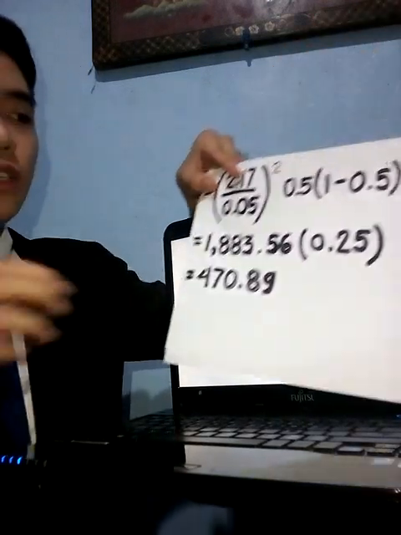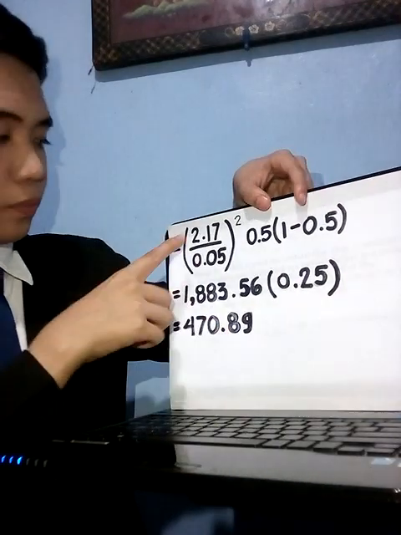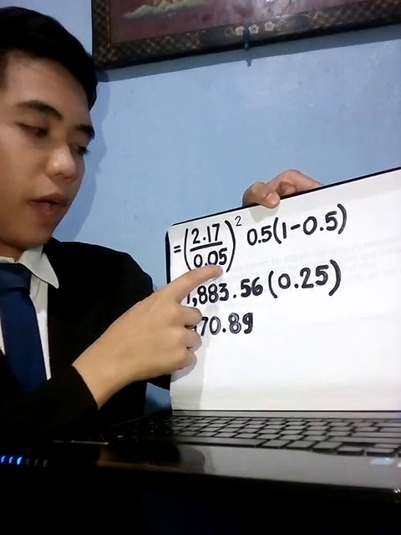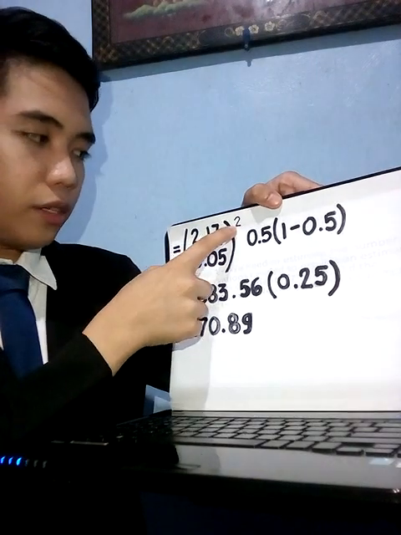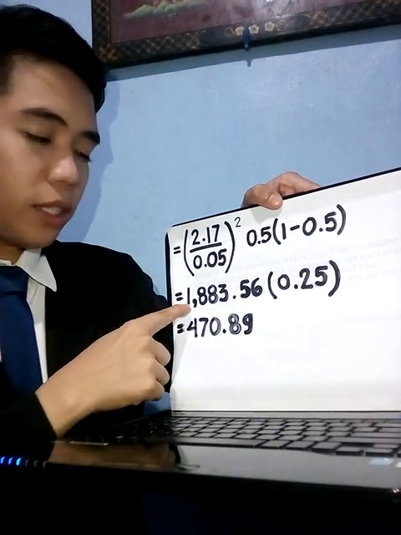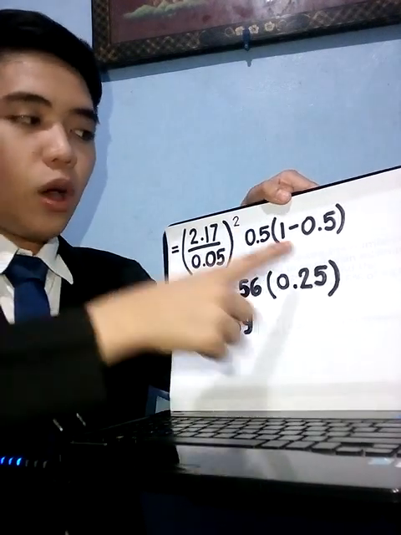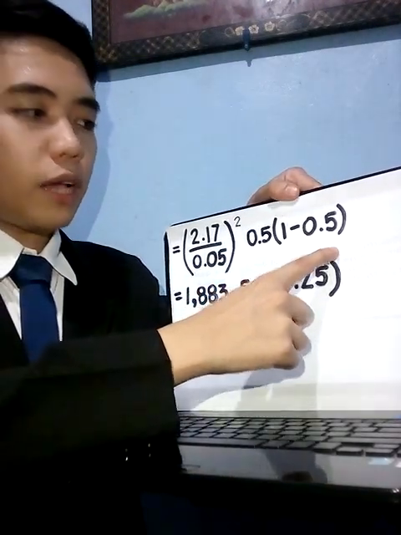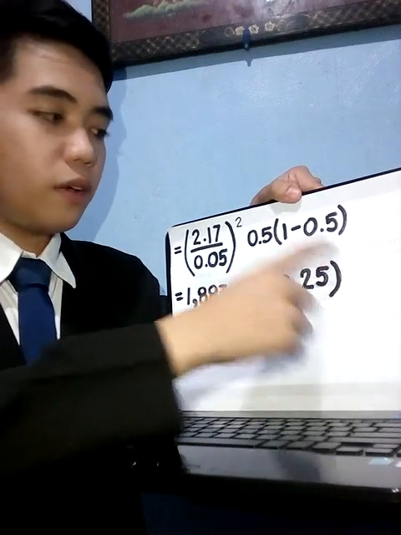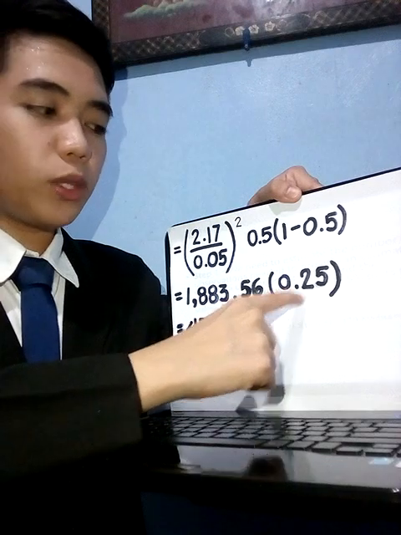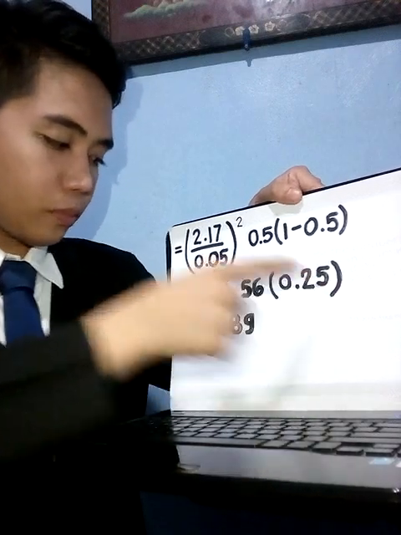To have a clearer solution, 2.17 over 0.05 squared is equal to 1883.56, and 1 minus 0.5 is 0.5, times 0.5 is equal to 0.25.